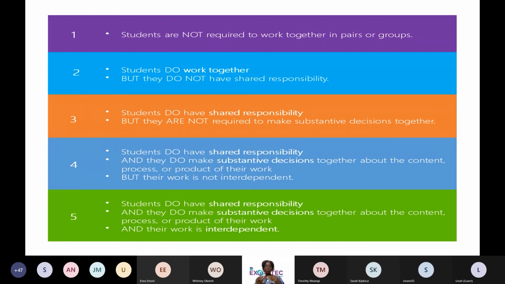But when everybody has equal weight on his or her own assignment, knowing that without fulfilling it there will be a lag in the activity, then you can say that their work is interdependent, and that brings it to level 5. So in level 5, they work together, they have shared responsibility, they make substantive decisions together about the content, the process, or the product of their work, and their work is interdependent. So these are the levels that you will consider when looking at collaboration.